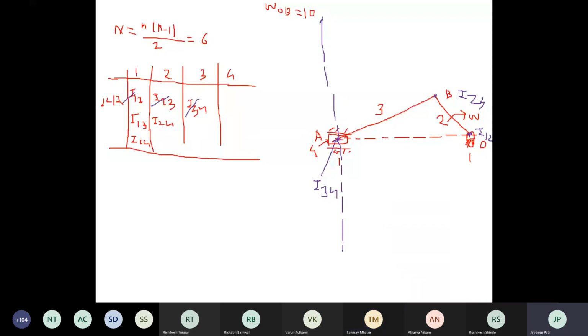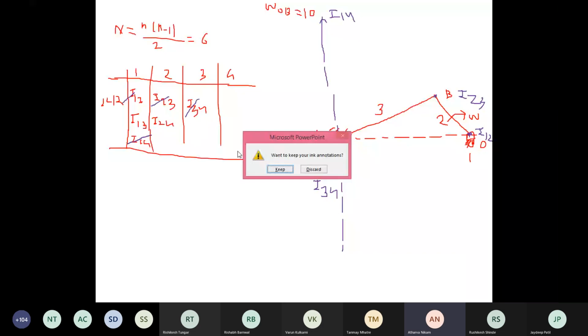Now this is your I 1 4. Got it? Do you all understand? Sir, please explain I 1 4 once more.